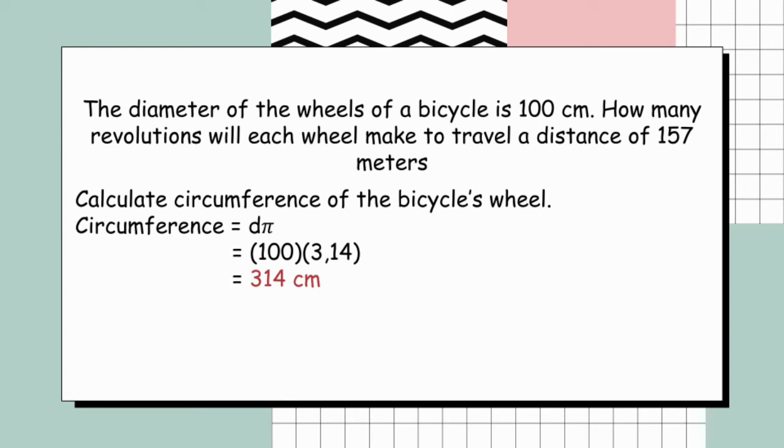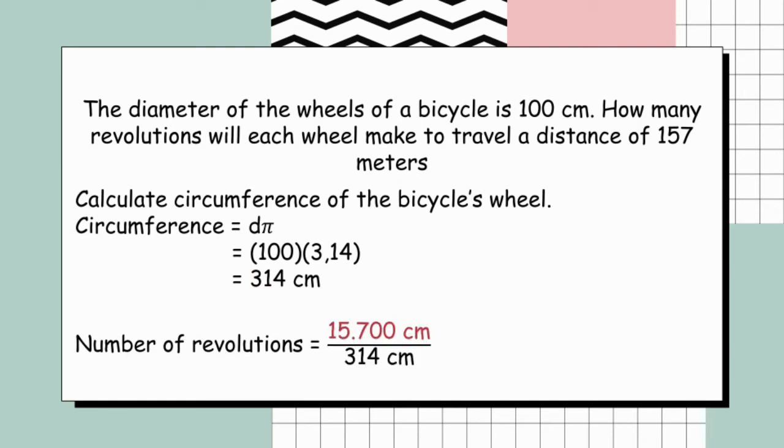To get the number of revolutions of the wheel, divide the distance covered by the circumference of the wheel. We need to convert 157 meters to centimeters before dividing, so we multiply 157 by 100 to get 15,700 centimeters. Therefore, number of revolutions equals 15,700 centimeters divided by 314 centimeters equals 50 revolutions.